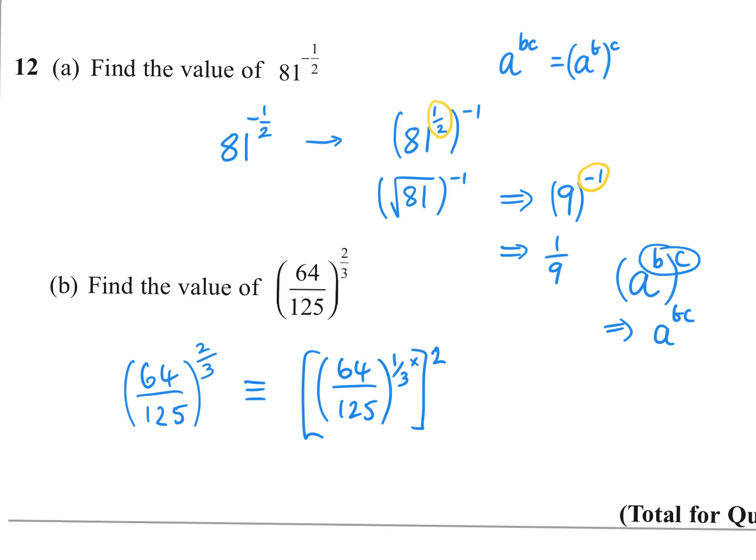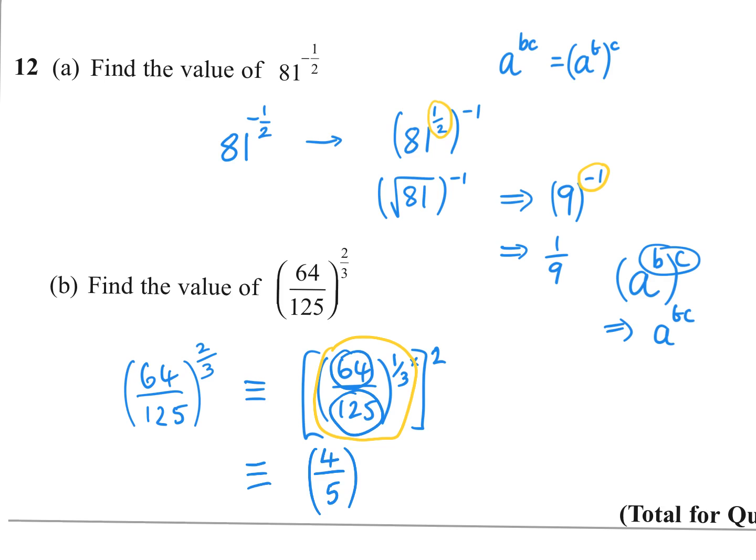Okay? Well, if we third root 64, that means something times something times something is 64. Well, that's 4. And then the third root of 125 is 5. So that's all of this part done.